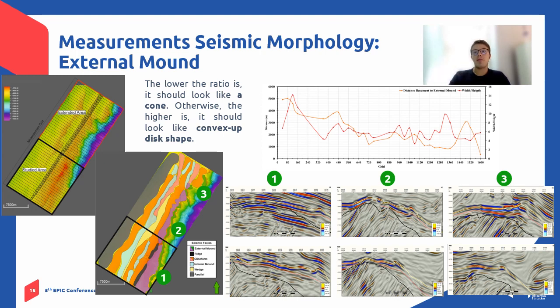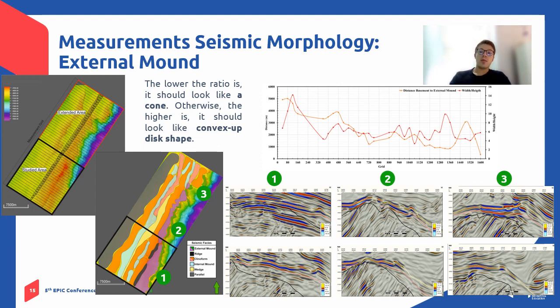In our case, member 1 started as a disc, later going to the north, becoming like a cone, increasing the angle in its flanks. Member 2 preserves the same shape along the area, and member 3 starts becoming a disc before the distance to the basement starts increasing. In this case, it starts like a disc, and the distance to the basement increases later to the north.